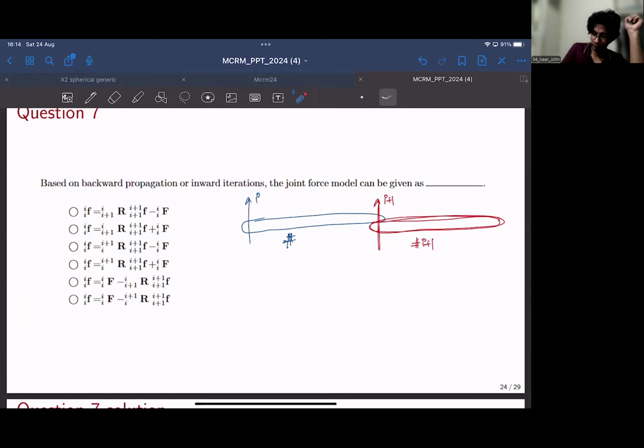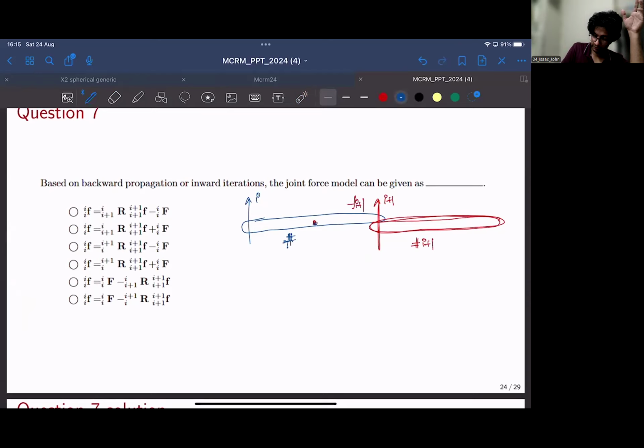So if you know the forces of this I plus 1 link, F(i+1) is known because it's a propagation model. You always know the force that is coming from the other end of it. So F(i+1) is known.